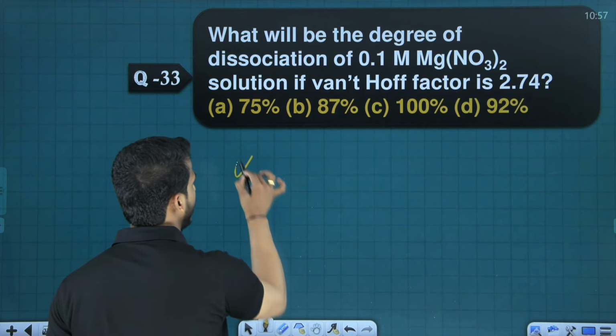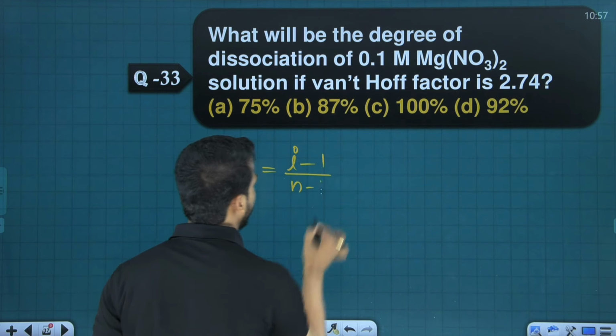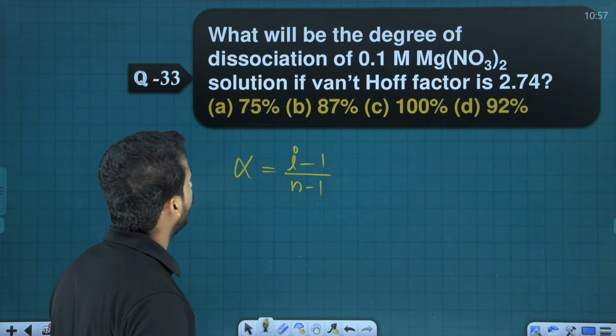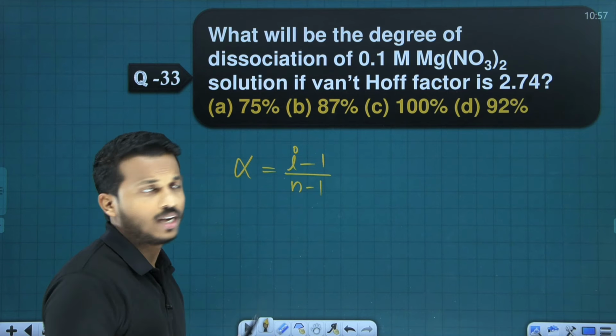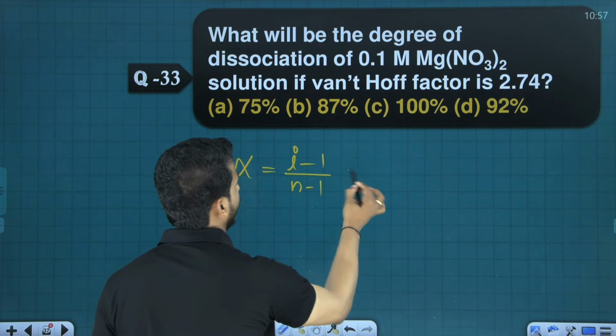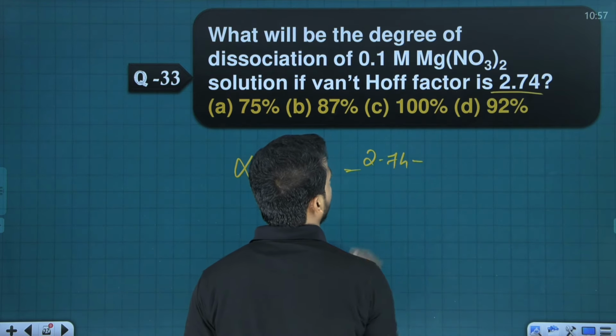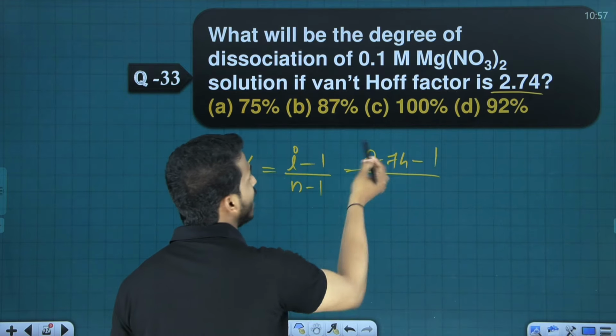What will be the degree of dissociation? What is the expression for degree of dissociation? Alpha is equal to i minus 1 by n minus 1. Of 0.1 molar, molarity is not a factor. Mg(NO3)2 solution, the Van't Hoff factor is already given as 2.74. So 2.74 minus 1 by n. How to calculate the n value?